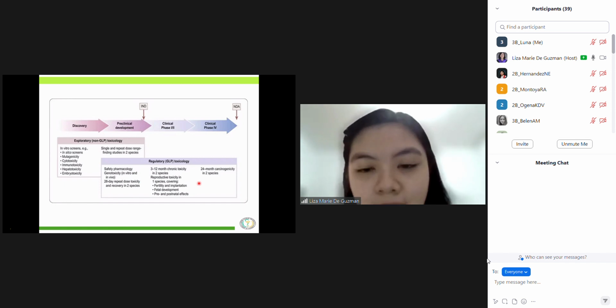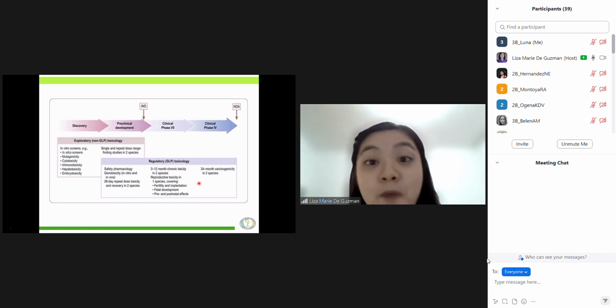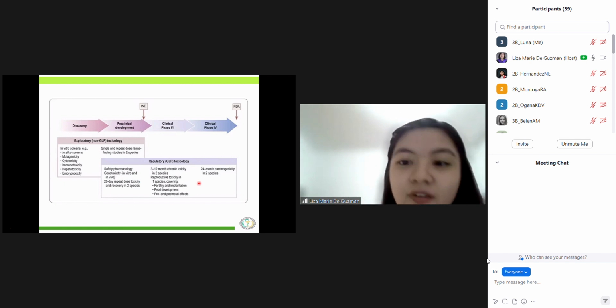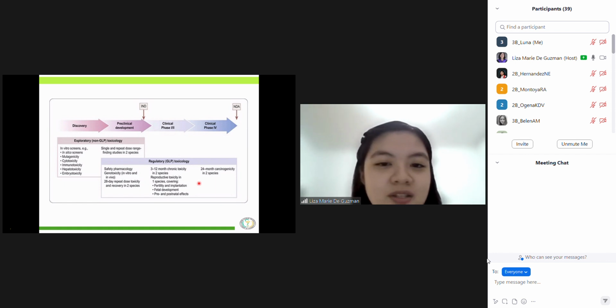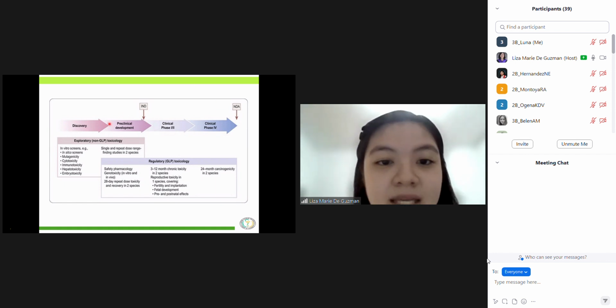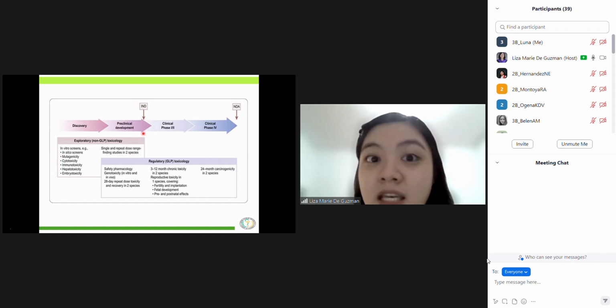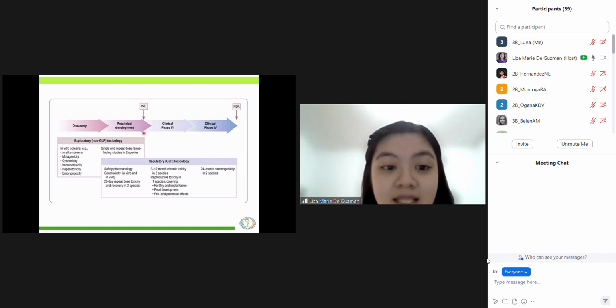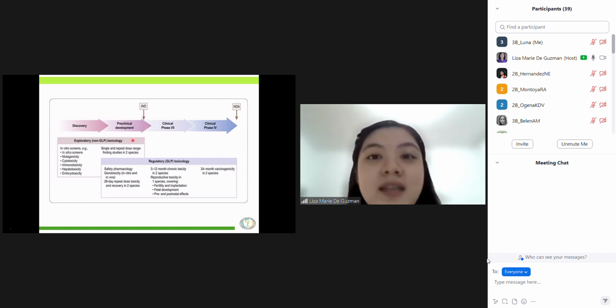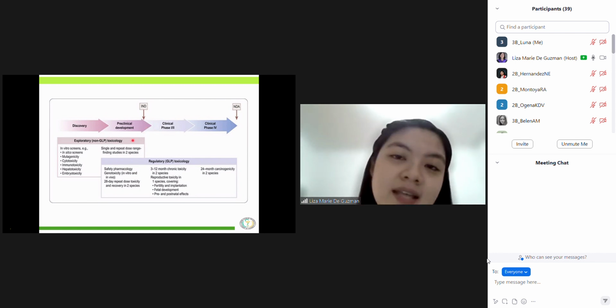This picture shows an example of the different phases of clinical trials. As you can see, we have the preclinical development, where preclinical safety and toxicity testing is done. Again, at this stage, preclinical safety and toxicity testing is done.